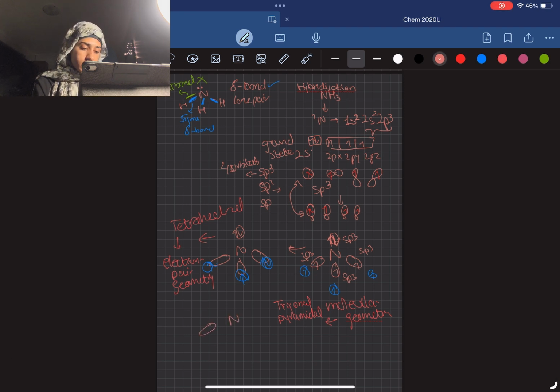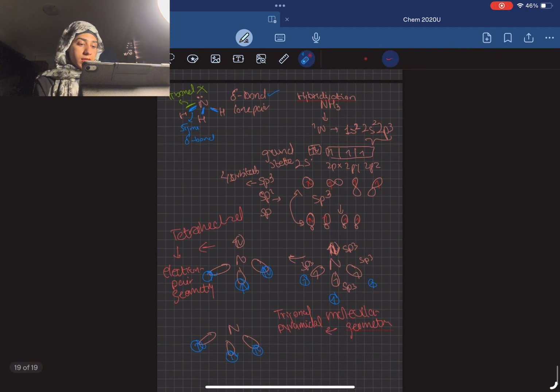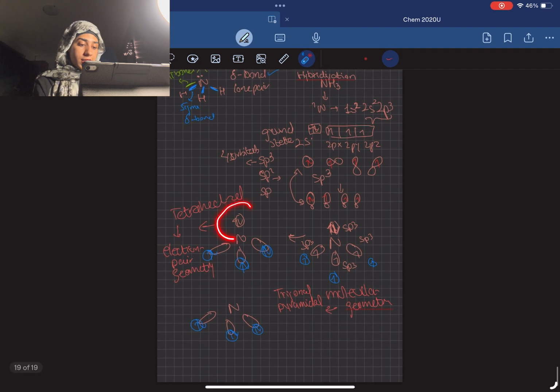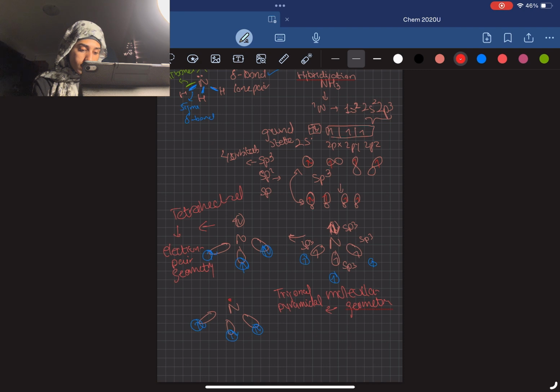I'll have these bonds. I'll add my electrons in here. However, this bond that I had right here is actually a lone pair. So I'll just show this as a lone pair. And this would be my trigonal pyramidal geometry.